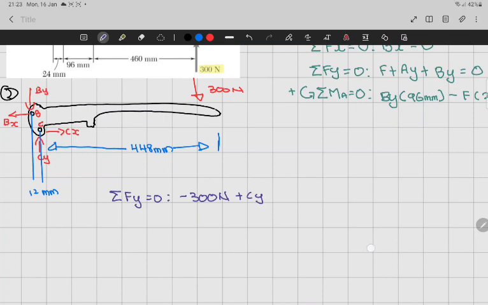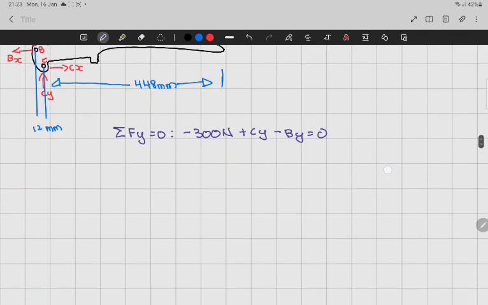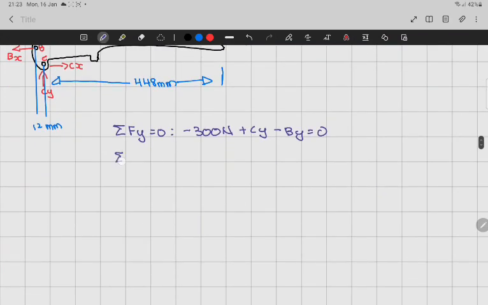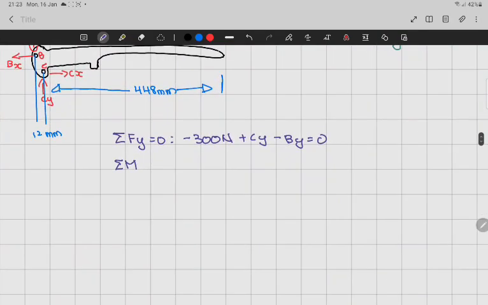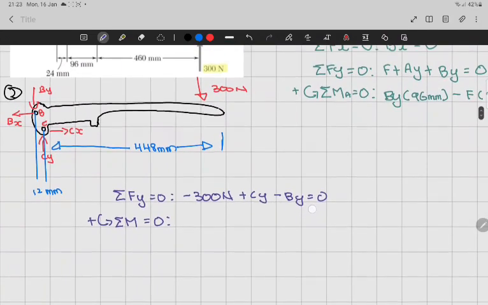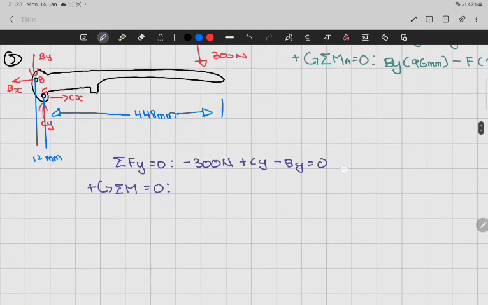Then By is downwards, negative By is equal to 0. Let's do the summation of moment, equal to 0, taking C as the reference point.